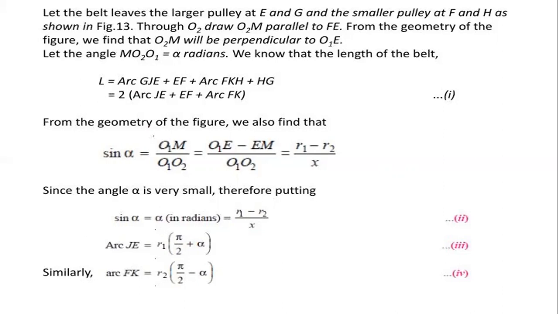From these, we take the common terms, that is 2 into arc JE plus EF plus arc FK. So these are the three terms.